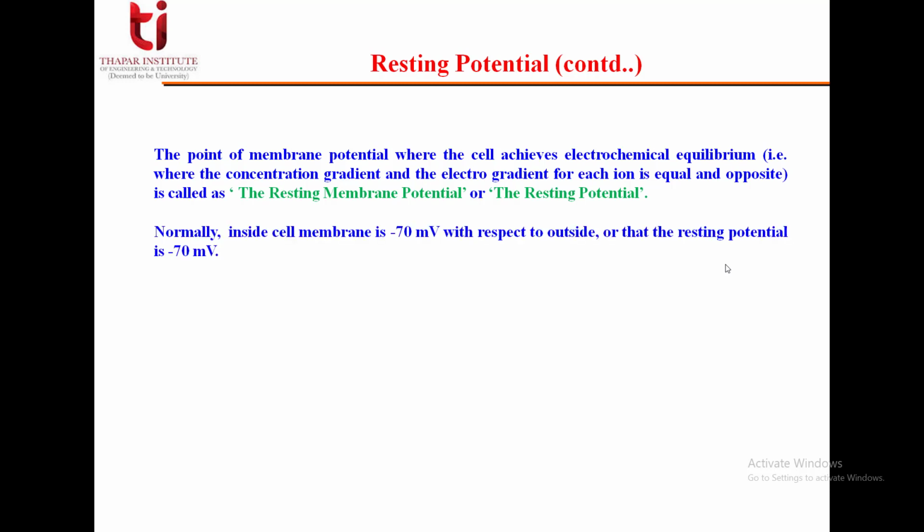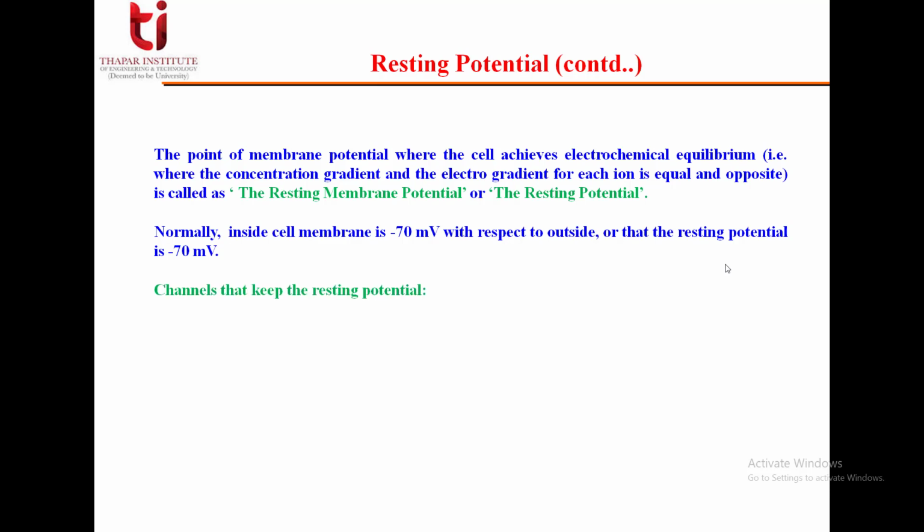As I mentioned, the inside of the cell is more negative, approximately 70 millivolts more negative with respect to the outside. So the resting membrane potential is typically minus 70 millivolts.